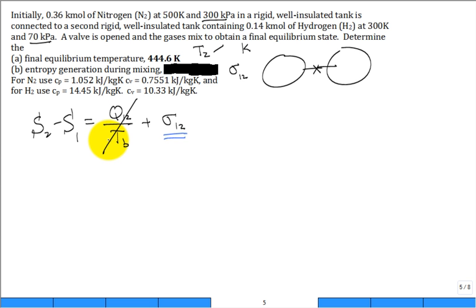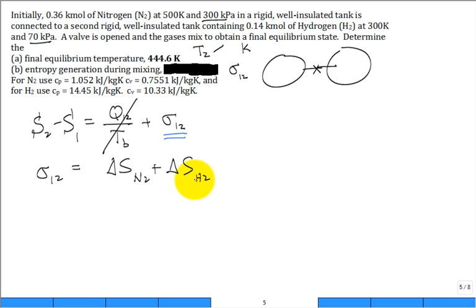No heat transfer to the surroundings. So if I want to calculate sigma 1 to 2, I need to calculate S2 minus S1. Well, I have two components. I'll calculate the change in the entropy, delta S, for the nitrogen, and I'll add it with the change in the entropy for the hydrogen.